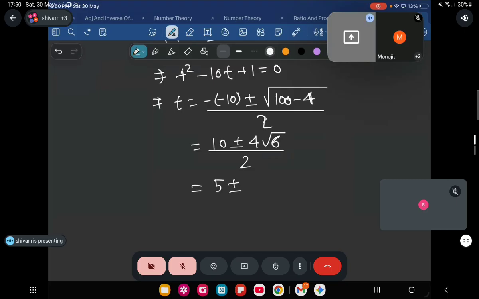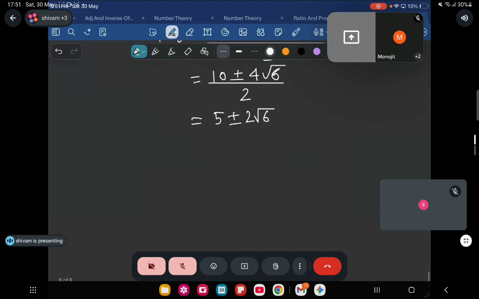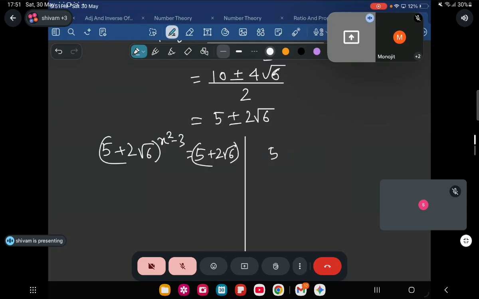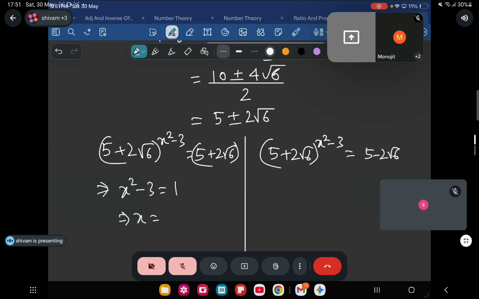This will become 5 plus minus 2 root 6. So there are two cases. One is 5 plus 2 root 6 whole to the power x square minus 3 is equal to 5 plus 2 root 6. Another case is 5 plus 2 root 6 whole to the power x square minus 3 is equal to 5 minus 2 root 6. Tell me. Sir, x equal to plus minus root 2 or plus minus 2. Correct. So this implies x square minus 3 is equal to 1. This implies x equal to plus minus 2.